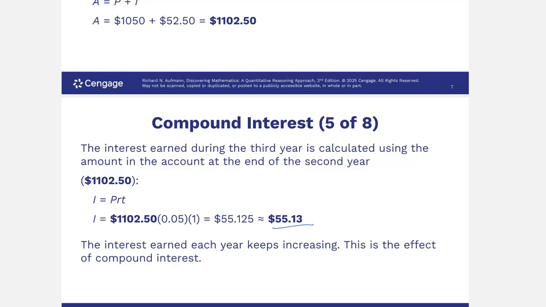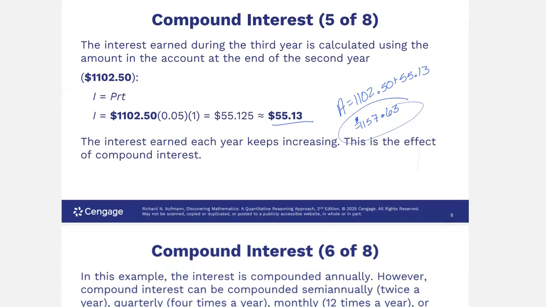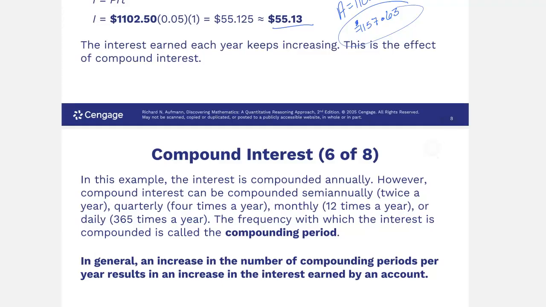So then our amount here would be 1,102.50 plus 55.13. So we would have $1,157.63 in the account now. And you just see how it keeps growing. It's going to grow pretty quickly because it's compounded.